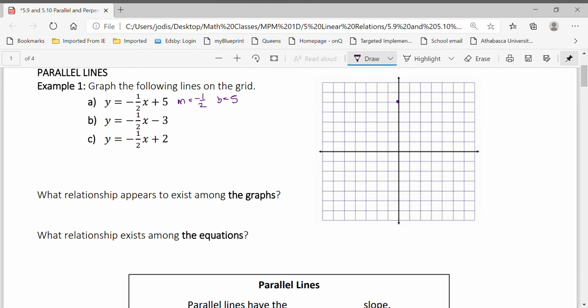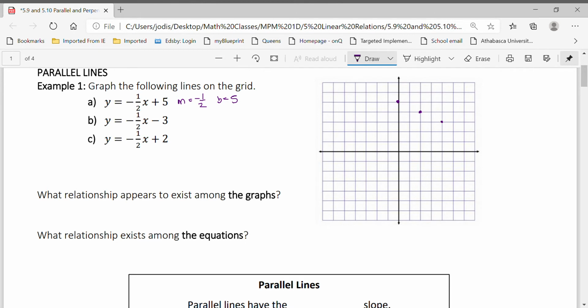Remember our success criteria for graphing these lines, always start with your y-intercept. Then we're going to use that and do our slope from it. So our slope is -1/2, so that means we're going to go down 1 and then to the right 2. And we need another dot just to make a good line, so from that dot, down 1 and over 2 again. Right, and then use your ruler.